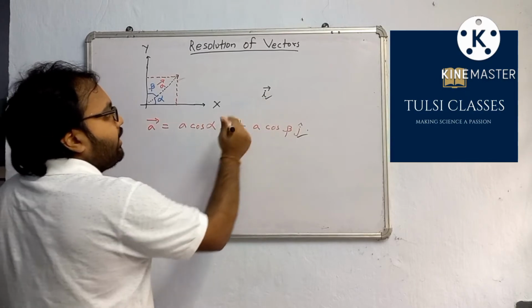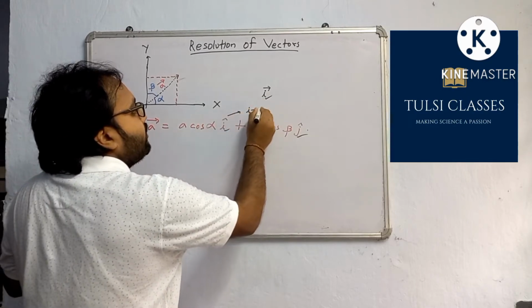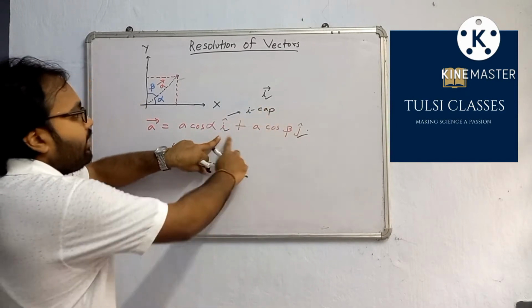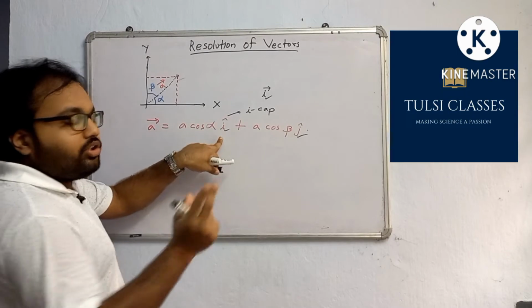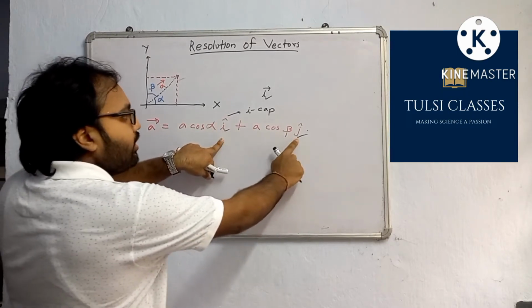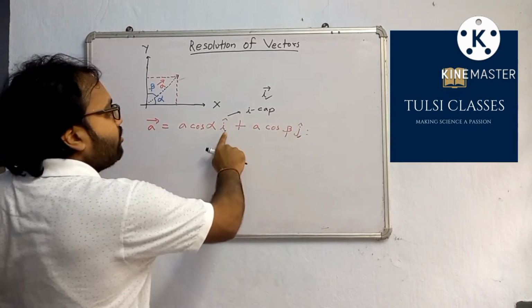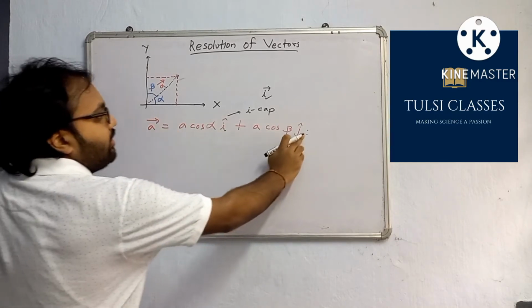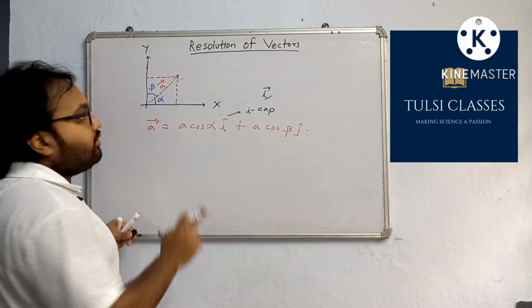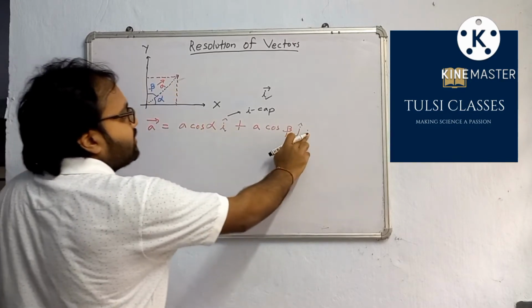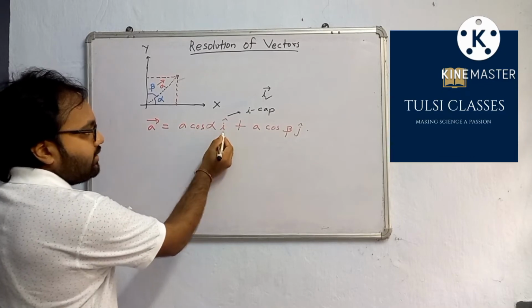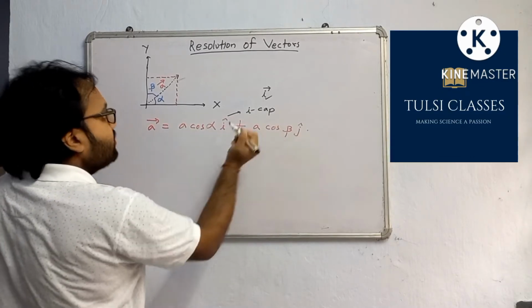This is called I cap, and similarly this is j cap. Their magnitude is 1 unit only. But the direction of the I vector is along the positive x direction, and the j vector has the direction of the positive y axis, and the unit is 1. That's why they are called the unit vector along the x axis and the unit vector along the y axis.